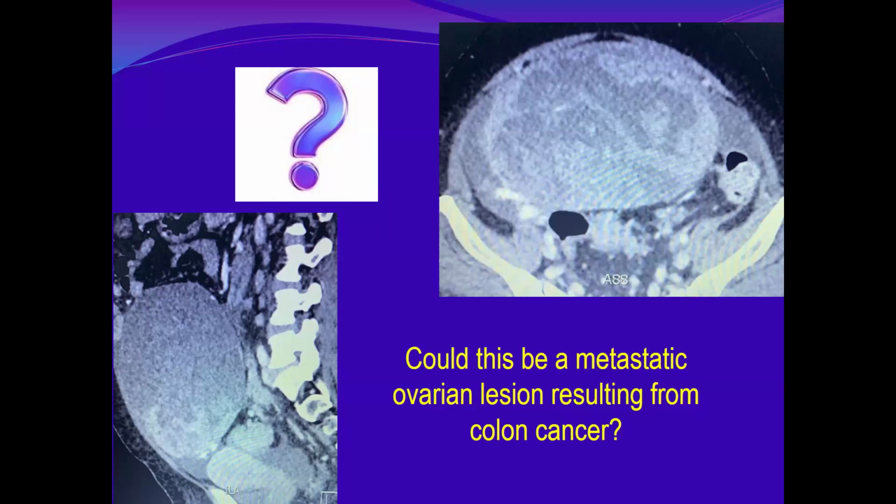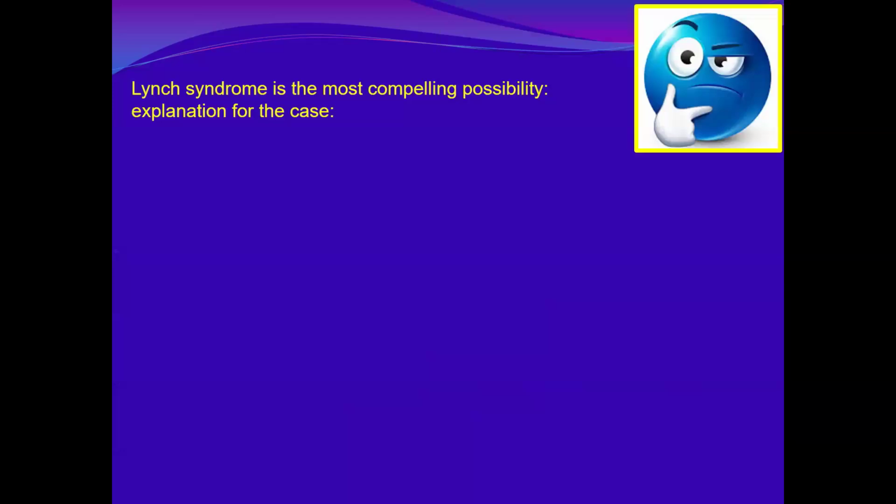Yes, the ovary is a site of secondaries, but it's not that common from colonic cancer. Usually it will be bilateral, and the size of the ovarian mass is disproportionate to the size of the colorectal mass. Less likely. It can be, still it can be, but less likely.